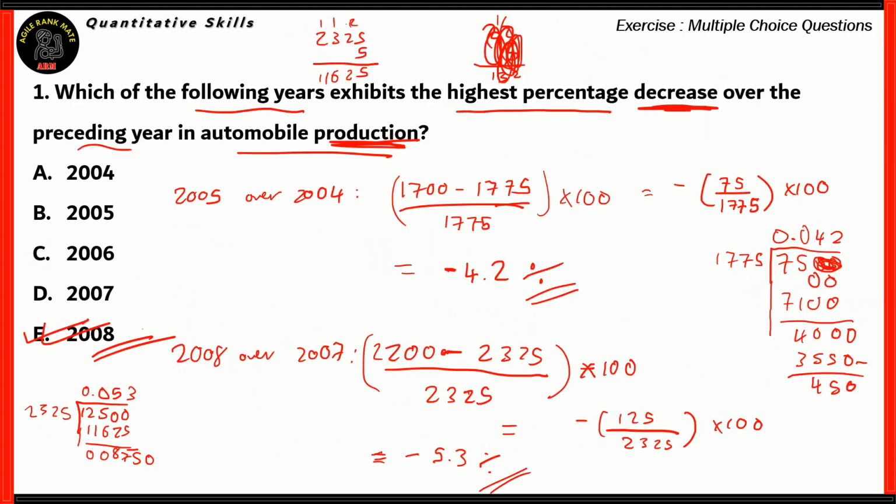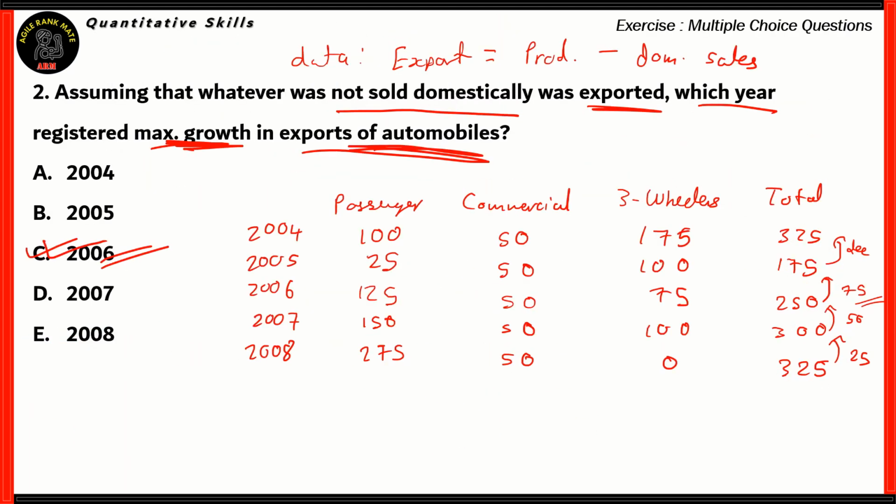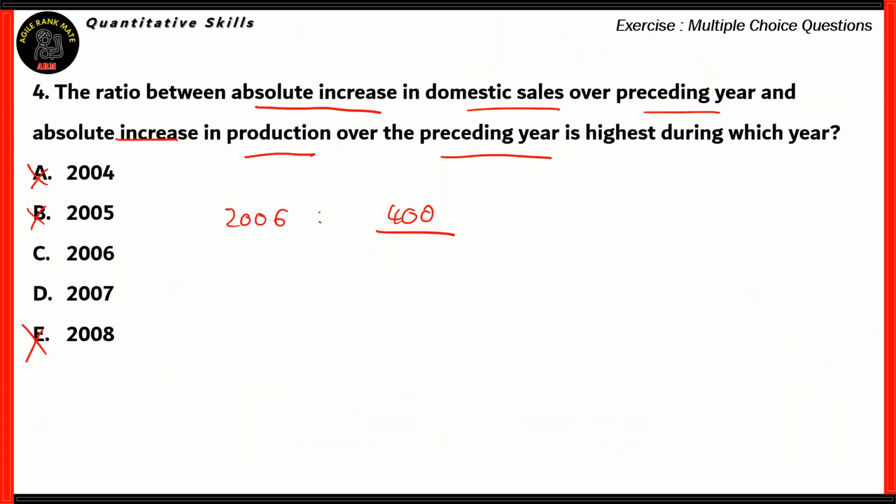In the denominator, we're looking at the absolute increase in production. For 2006, it's 2,175, and for 2005, it's 1,700. So basically, you have 475 as the absolute increase in production.